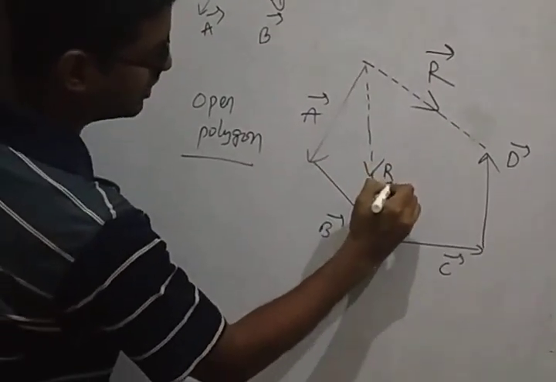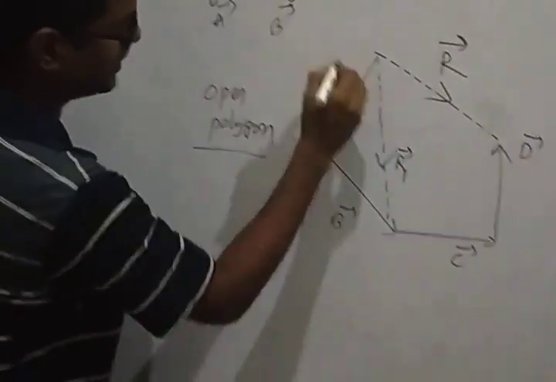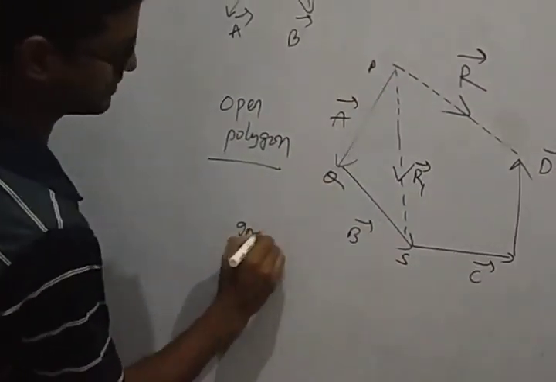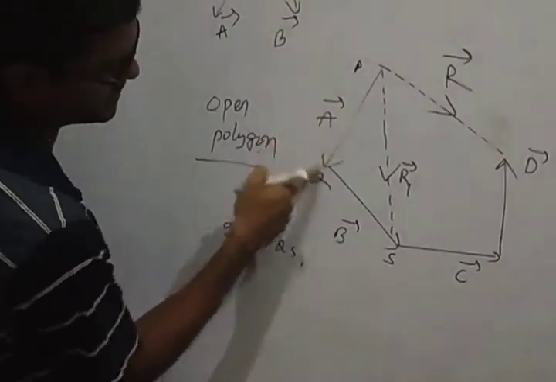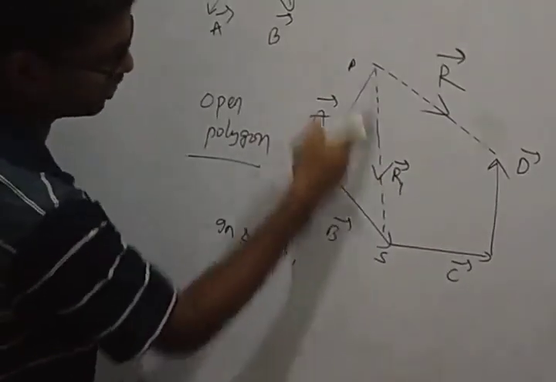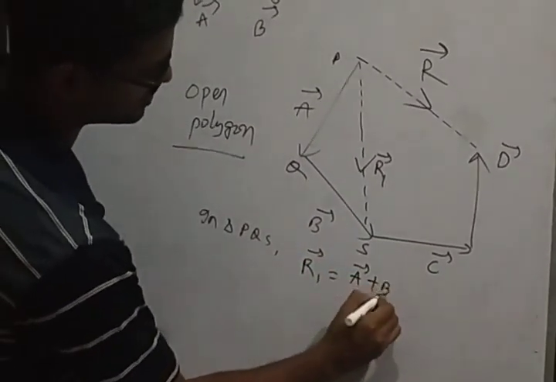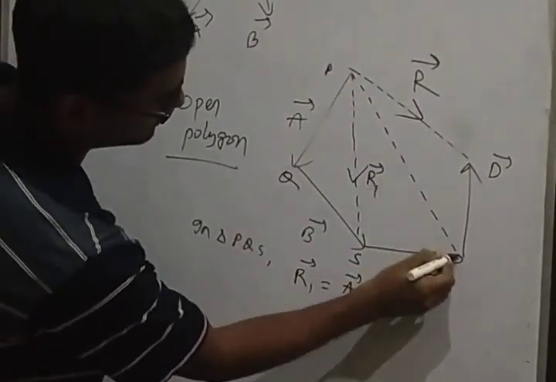I mean a line here. Let's say this is R1 vector. From this triangle, I am naming it PQS. In triangle PQS, A vector and B vector are in the same order, R1 vector is in opposite order. So I can write R1 vector equal to A vector plus B vector. Now, again I am drawing a line here.